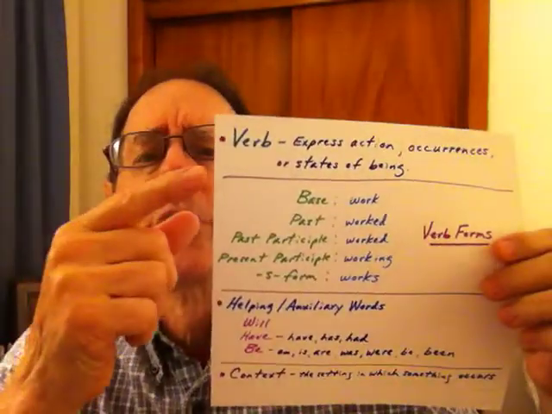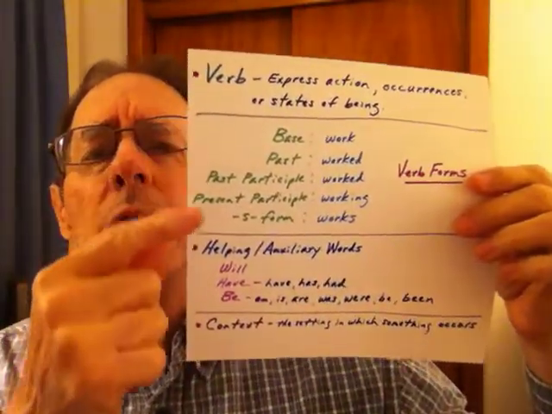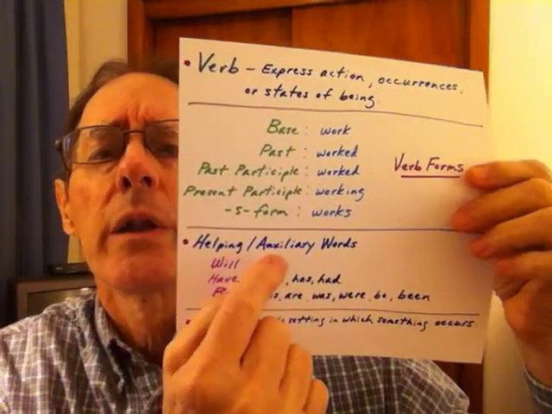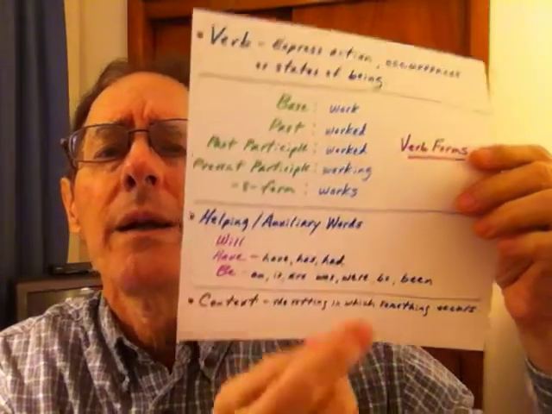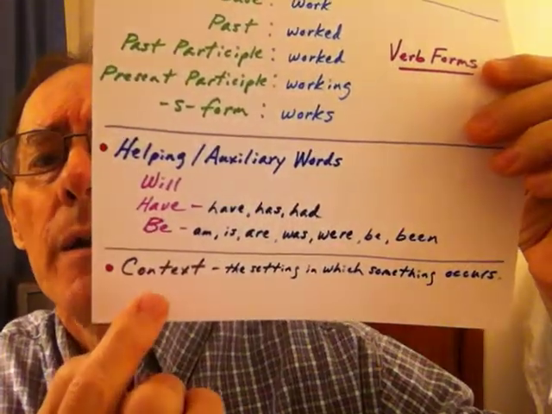You have your verb, right? You have your helping or auxiliary verbs, right? And you also have the context. You have the verb used in a certain context within the sentence. So a verb, as we mentioned, expresses action, occurrences, or states of being.